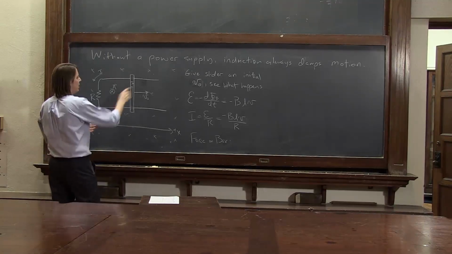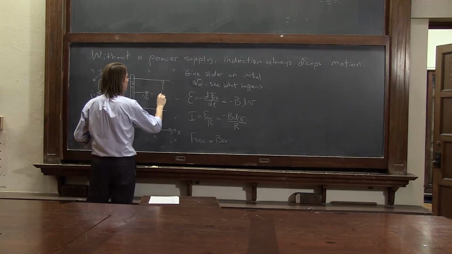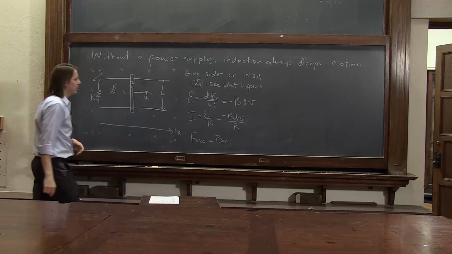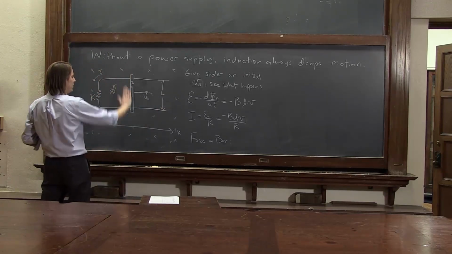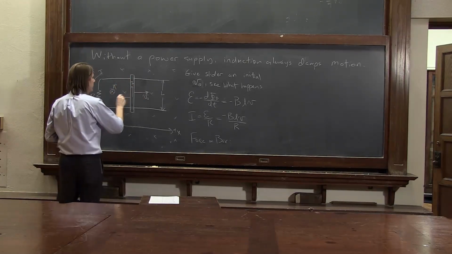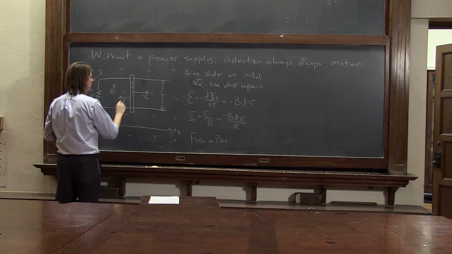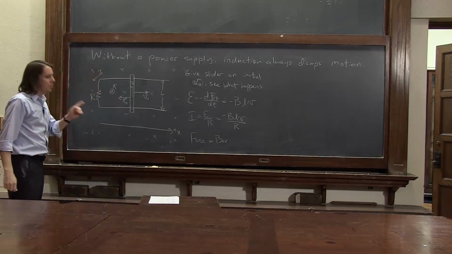If L is the length of the slider, so we can point out that this is L, just like it was a little L before, now it's big L, grew up. It's going to be I, L is this way, cross B is that way. It's going to feel a force this way. Right? It is FB. It will feel a force that way.